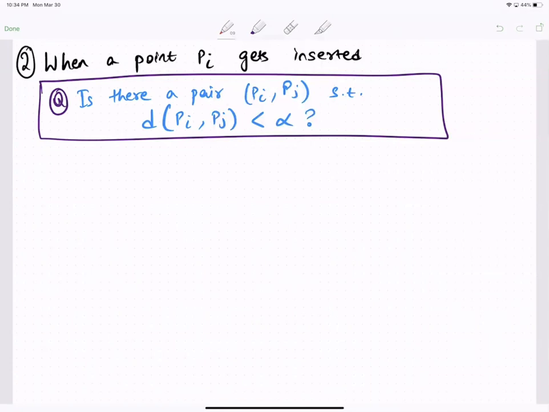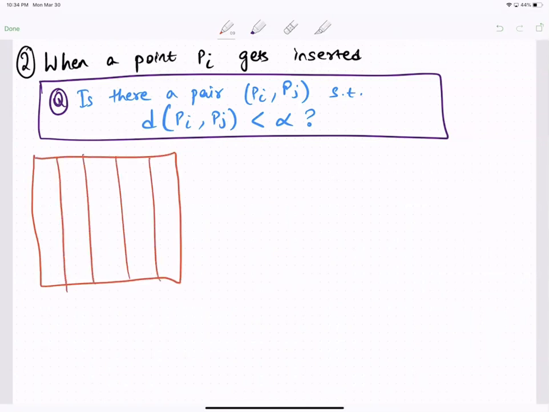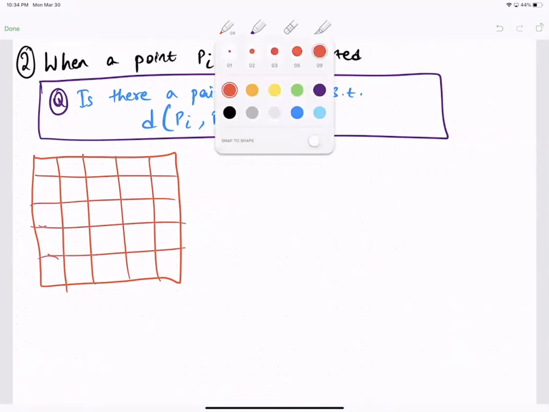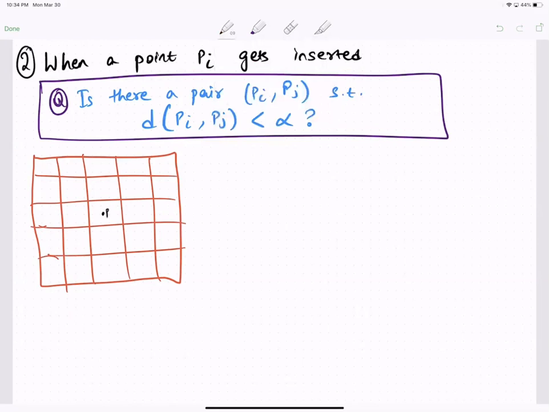Let me just draw our grid here, a bunch of lines like this. And say our point P is here. This point P lies inside the cell which has been shown here.